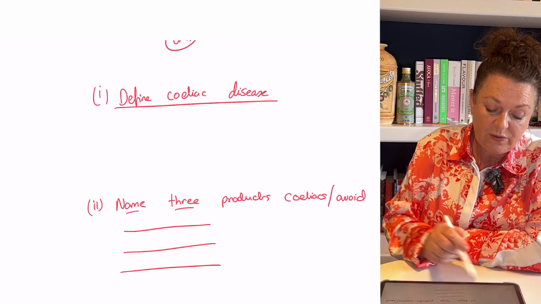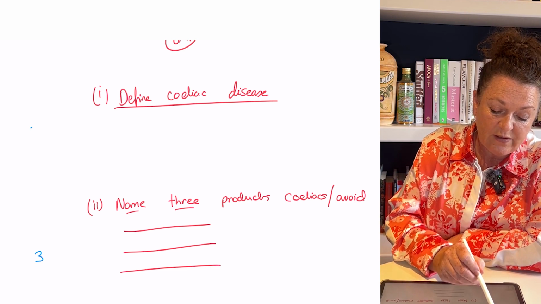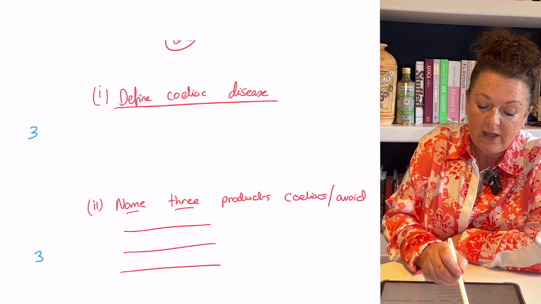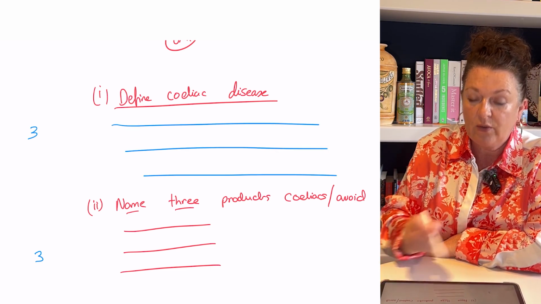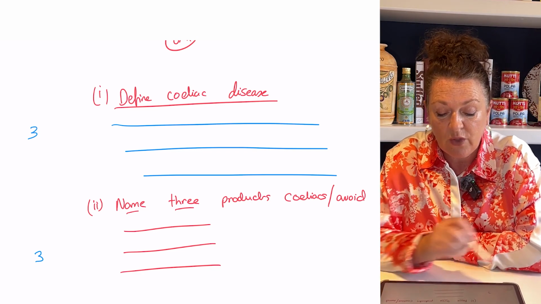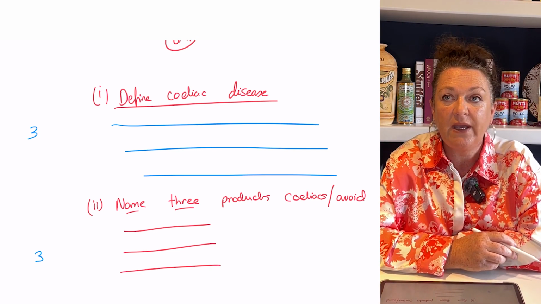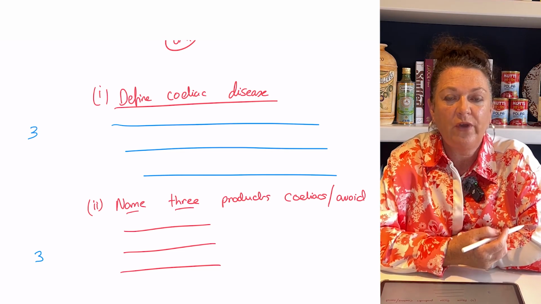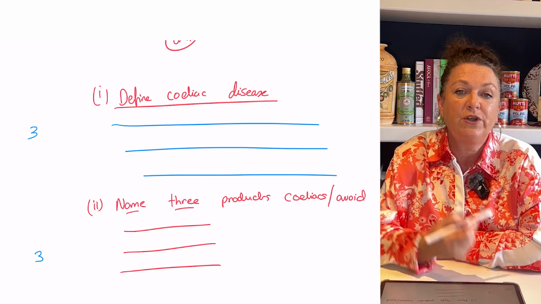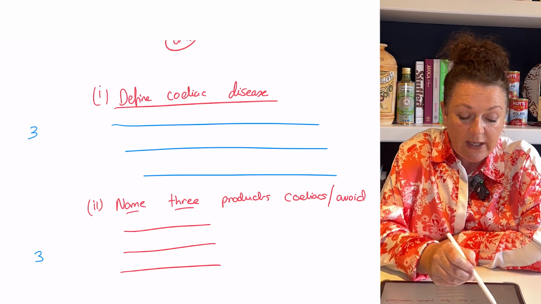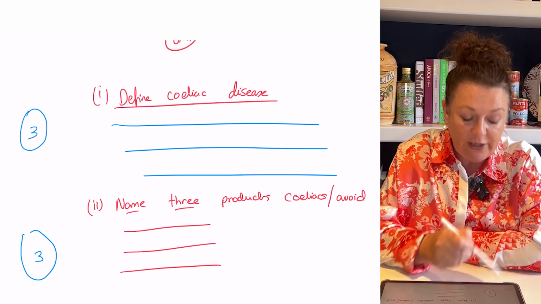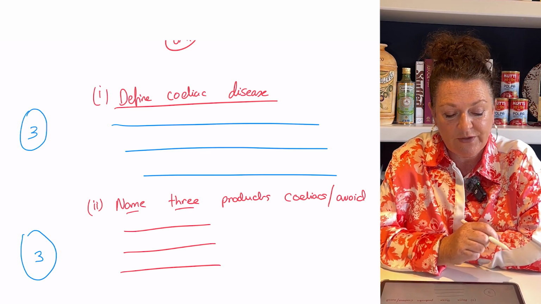Remember I said to you always use a pencil. So at the side, 3 and 3. And you had your lines allocated. Can I just say to you, don't focus on the lines on a short question, i.e. you see 3 lines, oh, I better write 3 points. You see 2 lines, I better write 2 points. No, no, no. It's all about the breakdown here at the side of the short question.